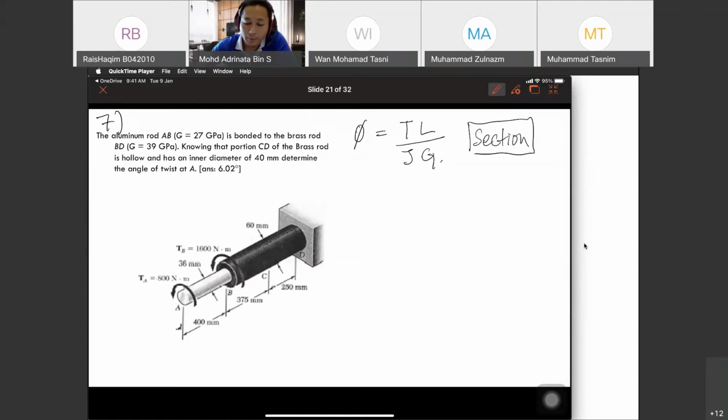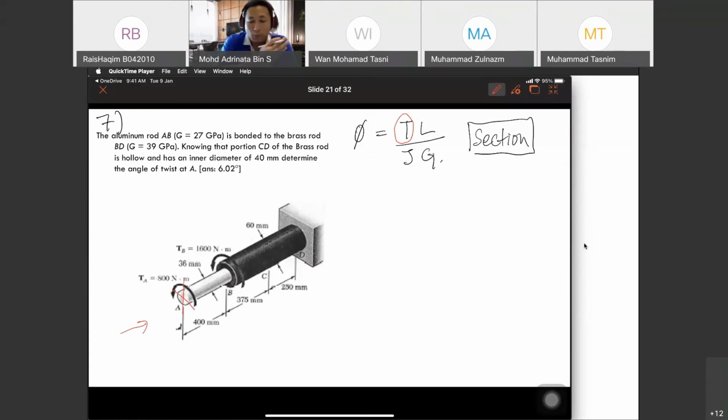If we have different of torque, okay, perubahan torque itu adalah satu section. Example from the question, we have the first one. Kita tengok daripada sini. The first one, torque is at here. Okay, that is 800 Newton meter.